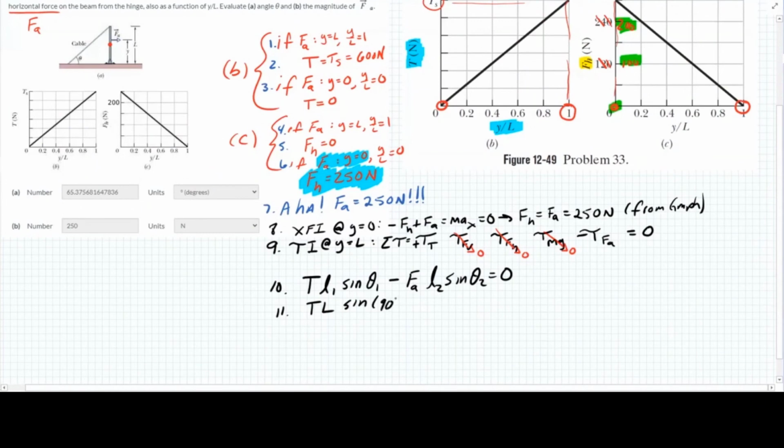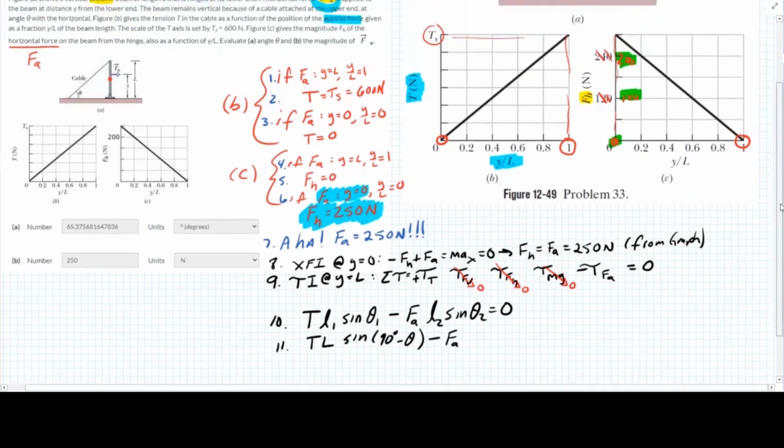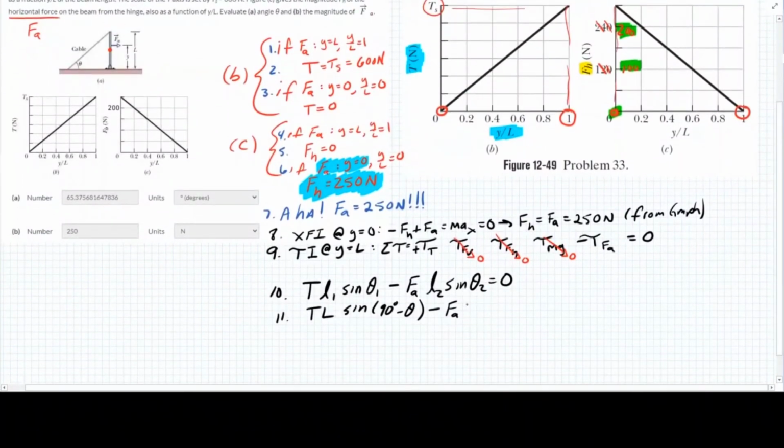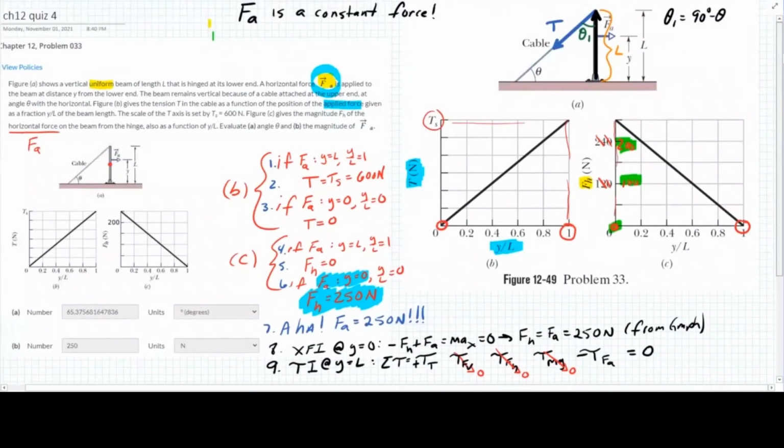Sine of 90 degrees minus theta, minus FA, which is 250. What's L2? I'm applying this at y equals L. So this is also L times sine of theta 2. All right, so for FA, clearing the decks a bit, let's look at life when I apply FA at y equals L. So there's FA. So we're temporarily ignoring this.